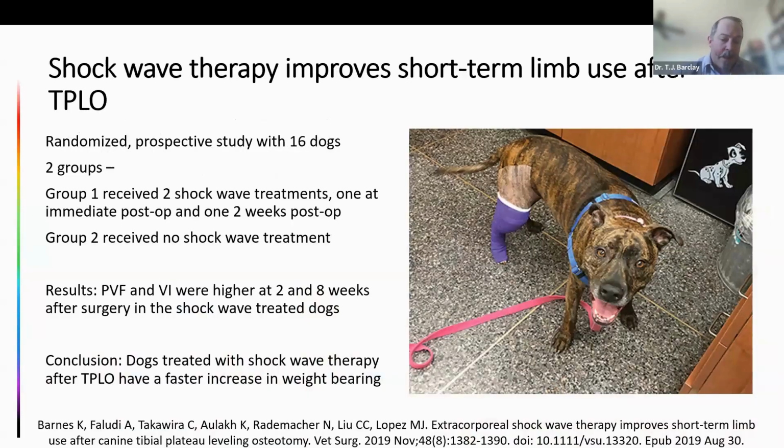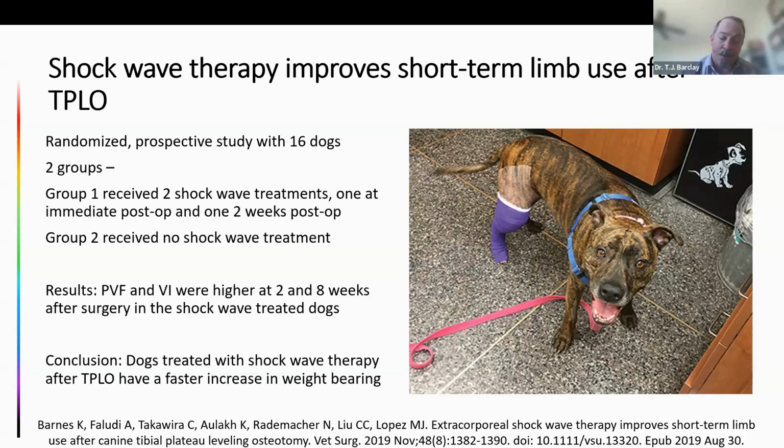And then, as promised, here's our last TPLO related work. This was a study completed by Dr. Katie Barnes when she was at LSU, looking at lameness after TPLO surgery.